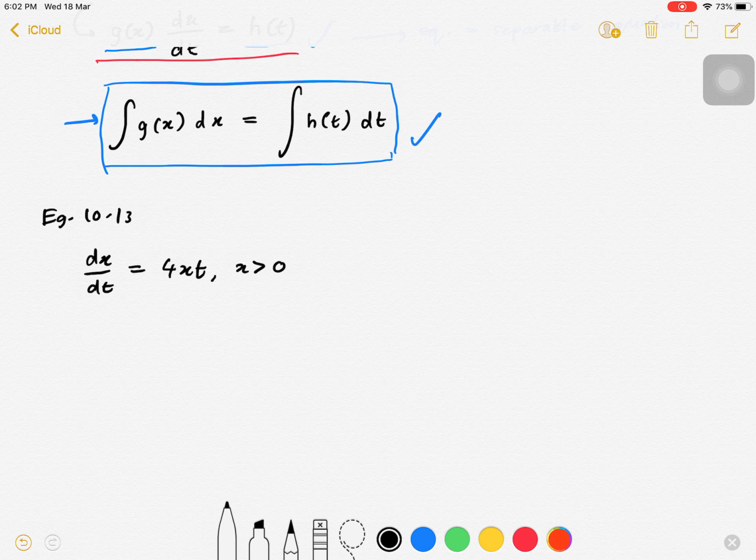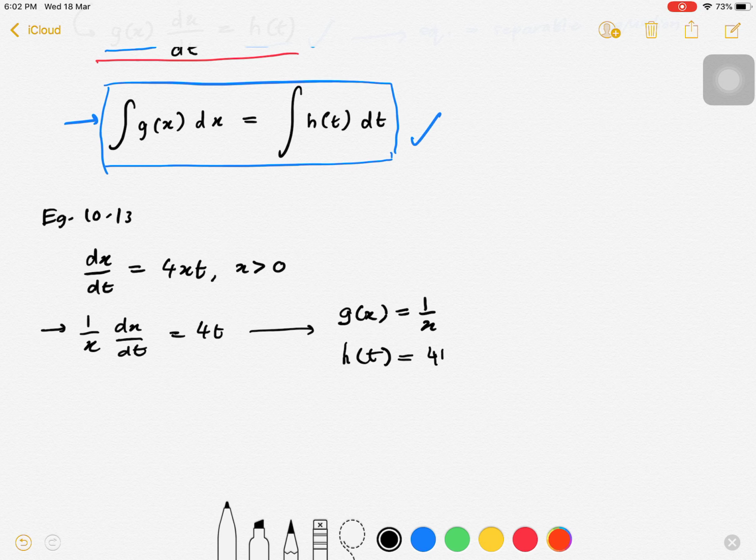So what will happen is (1/x) dx/dt equal to 4t. If you realize, g(x) is equal to 1/x, and h(t) is equal to 4t.